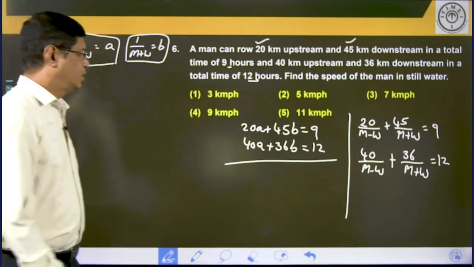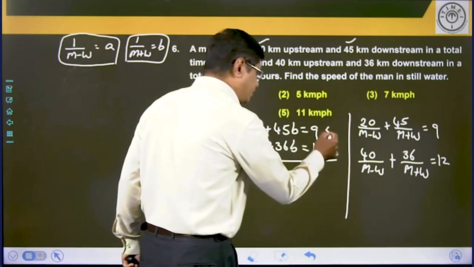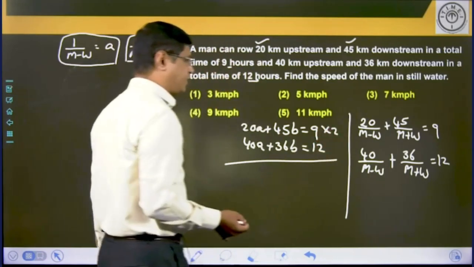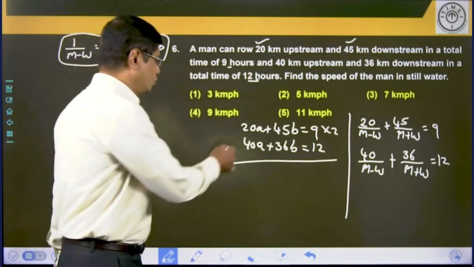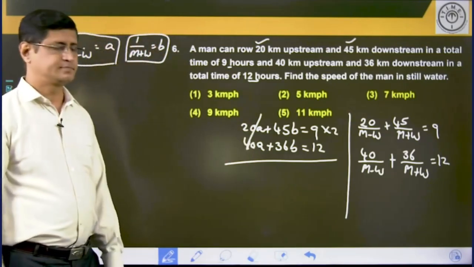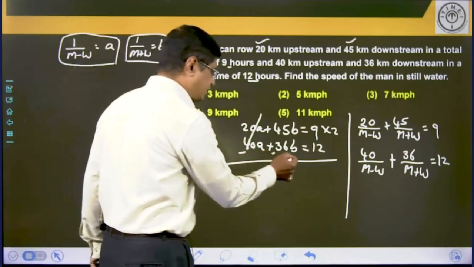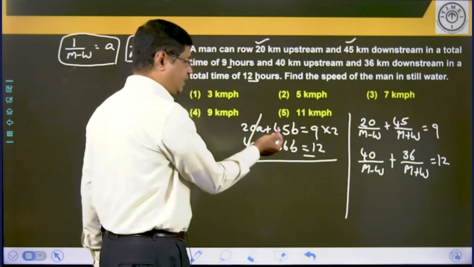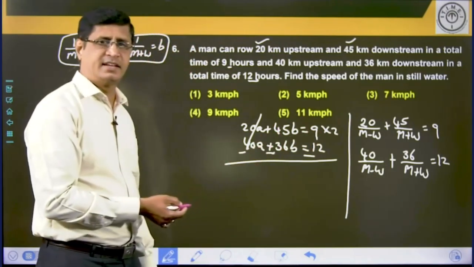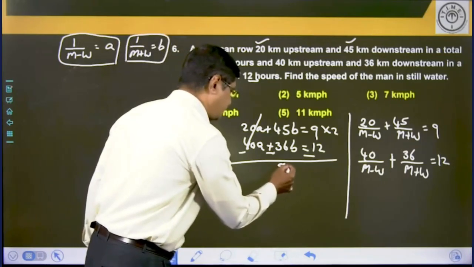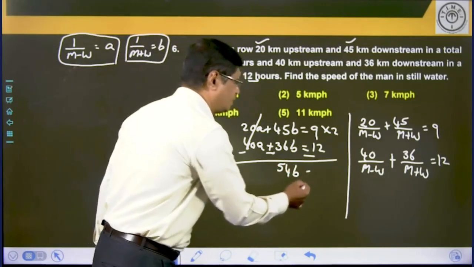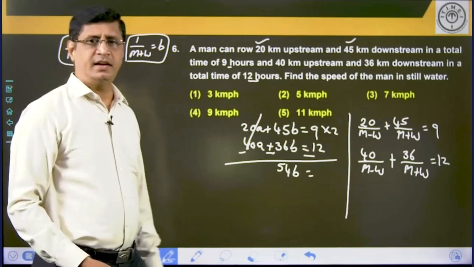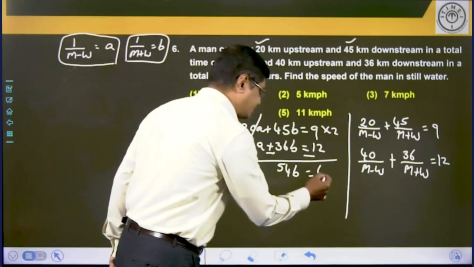Substitute, simplify. Now it is easy to find the value of B. Just multiplying the first equation by 2, A gets cancelled. Now A gets cancelled, so what is next here? 2 times 45 is 90. 90 minus 36 is 54B. 2 times 9 is 18. 18 minus 12 is 6.